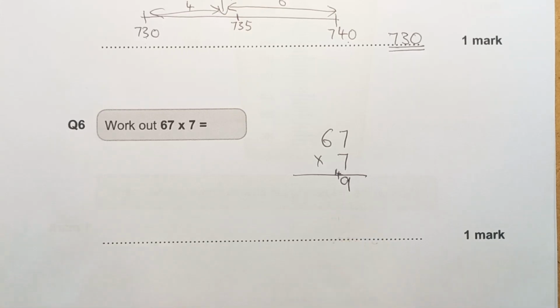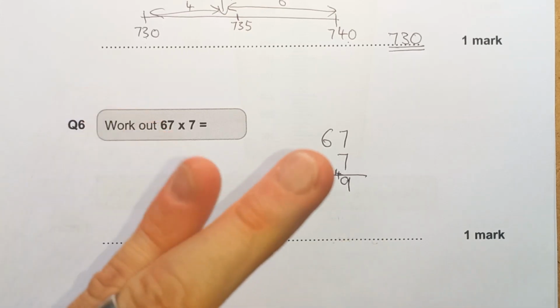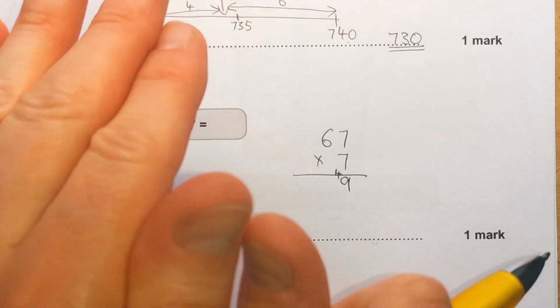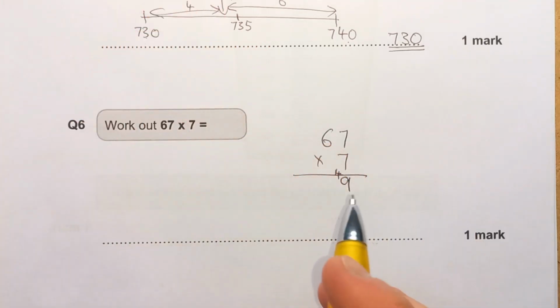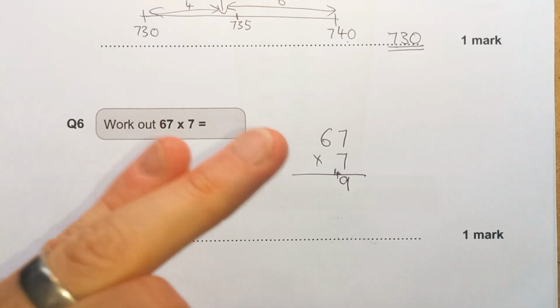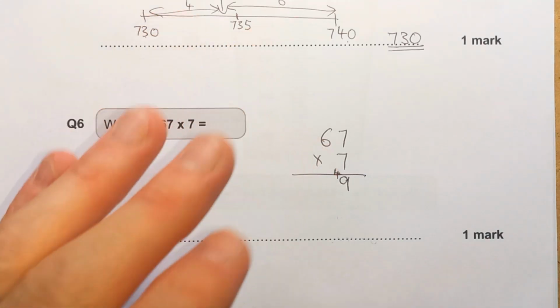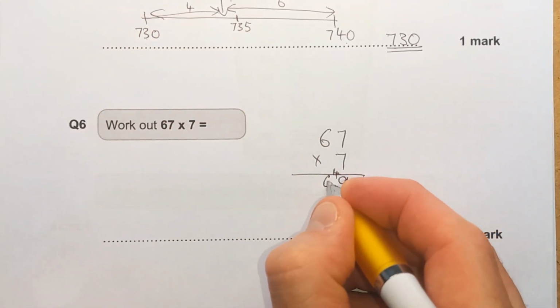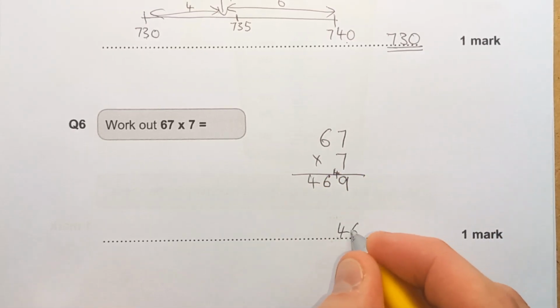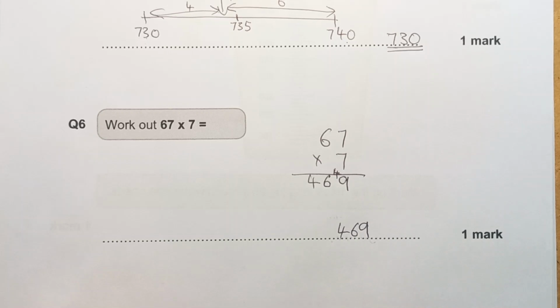So 6 times 7, 7, 14, 21, 28, 35, 42. Now we've got the 4 to add on. So from 42, we've got 43, 44, 45, 46. So put our 6 here and our 4 here. So our final answer is 469.